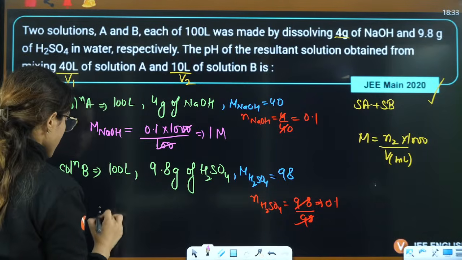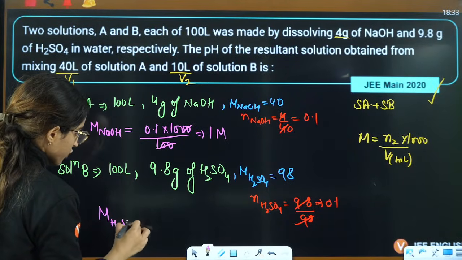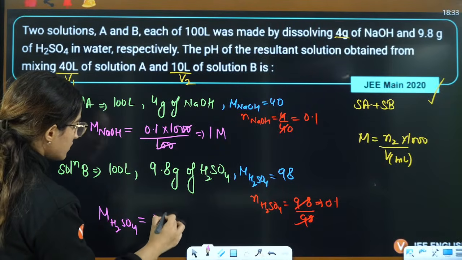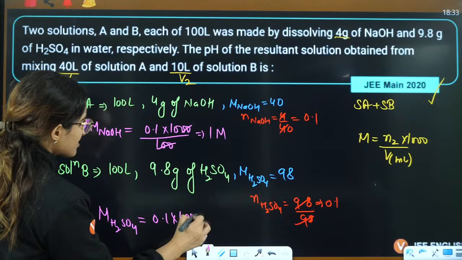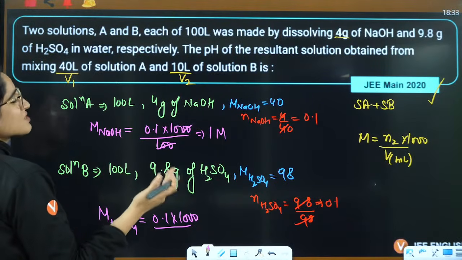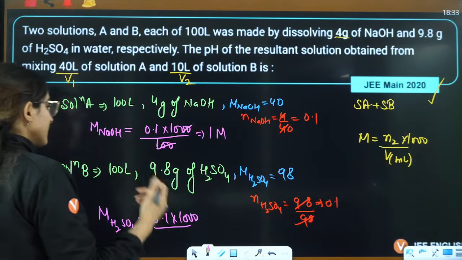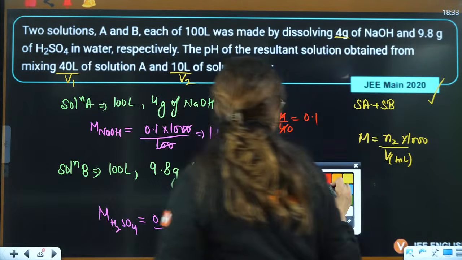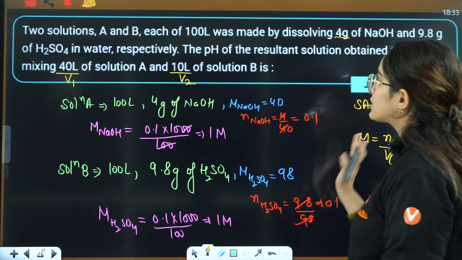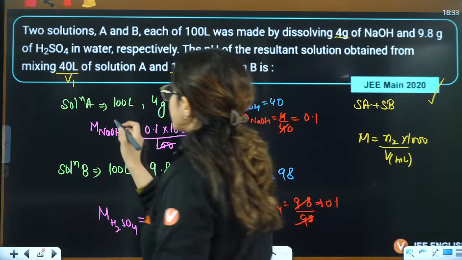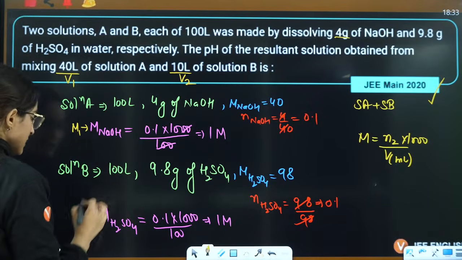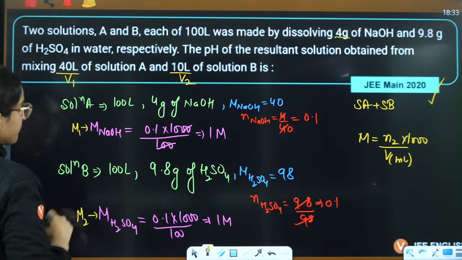Molarity of H2SO4: the number of moles are the same and the volume is the same, so everything will be the same. Both are 1 molar, right? V1, V2 are given, and M1, M2 you have calculated. This is M1 and this is M2.